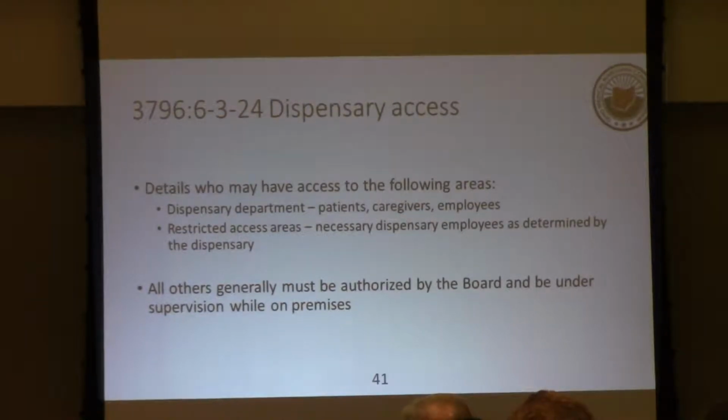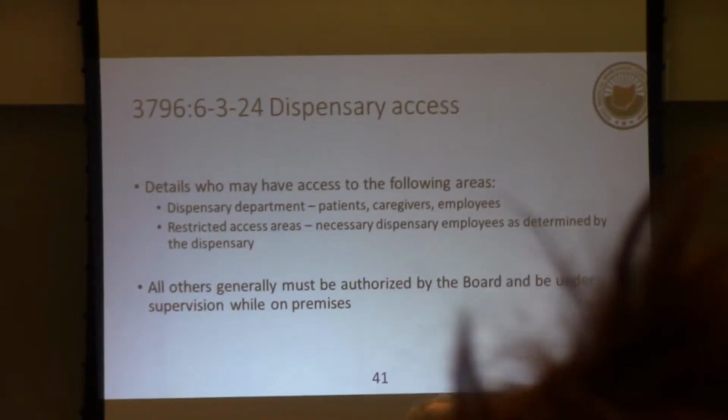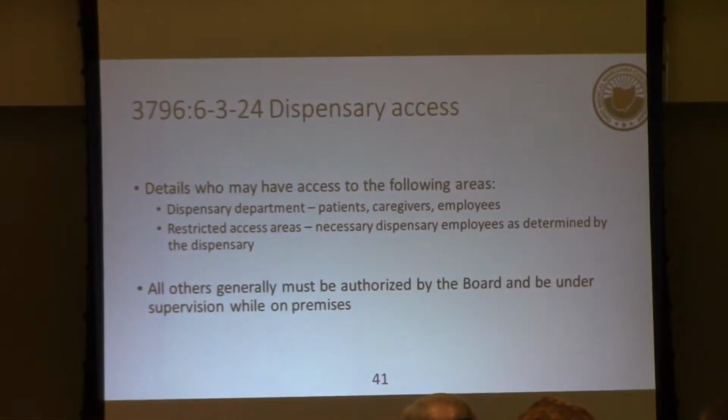And those are necessary dispensary employees as determined by the dispensary. We're leaving that up to the discretion of the dispensary, knowing that they're a little bit different model than, say, cultivators or processors. All others must generally be authorized by the board and be under supervision while on the premises.